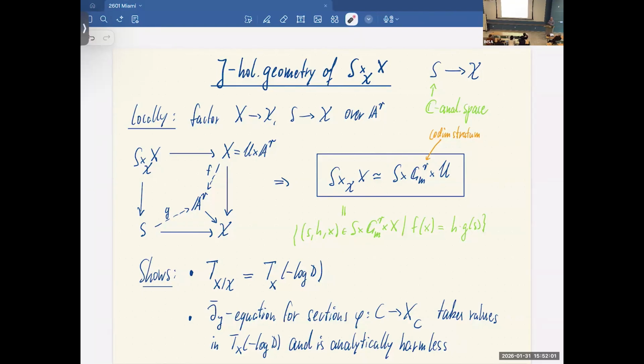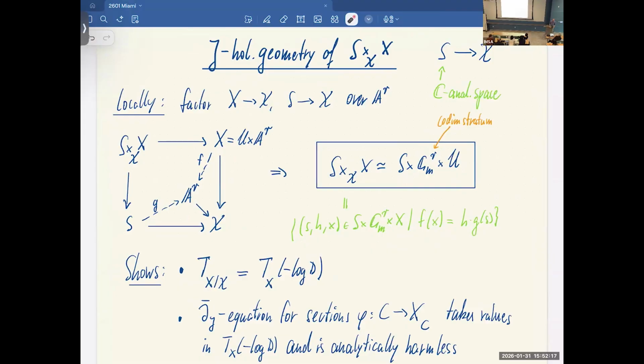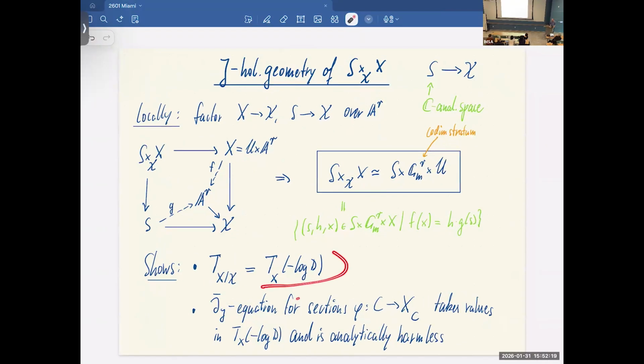Okay, so what this also shows is the expected result that Tehrani, McLean, and Zinger showed in their framework, but here it's also very easy to derive from this equation, that the relative tangent bundle of X over curly X is a logarithmic tangent bundle. So it's really given by these z_i ∂/∂z_i, if the z_i define the components D_i of the divisor locally.